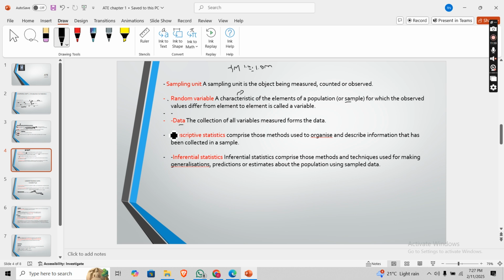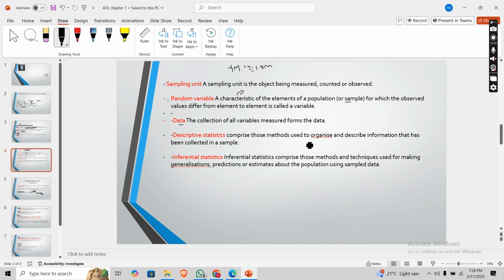And also we have descriptive statistics and inferential statistics. Okay? So we must differentiate between descriptive statistics and inferential statistics. Let's start with descriptive statistics. Descriptive statistics comprise those methods used to organize and describe information that has been collected in a sample.